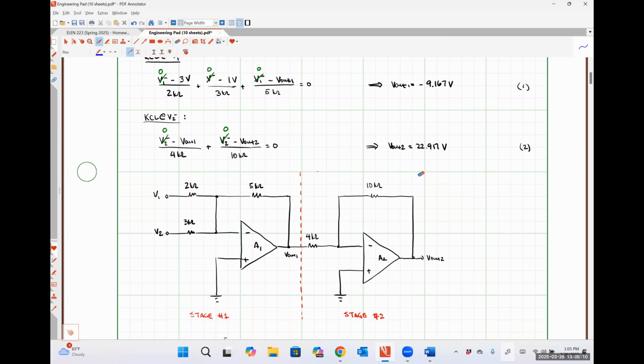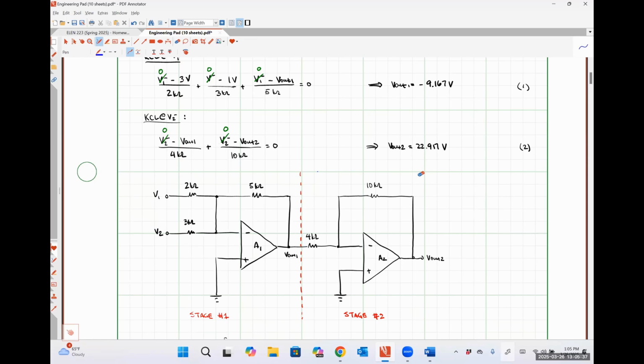So my output is just a weighted summer, effectively. I got rid of the fact that the inverting summer is always going to change the polarity of my output signal by just cascading that into a second stage that changes the polarity back to positive.